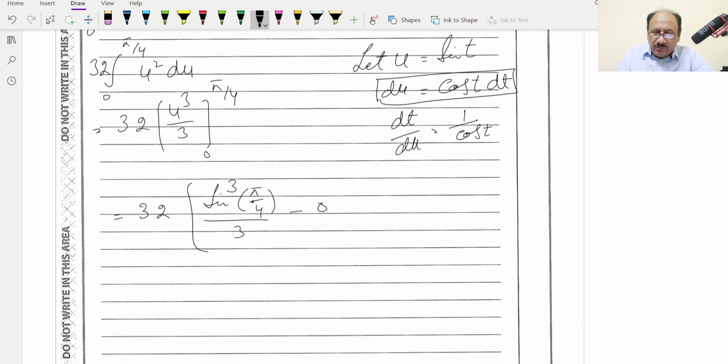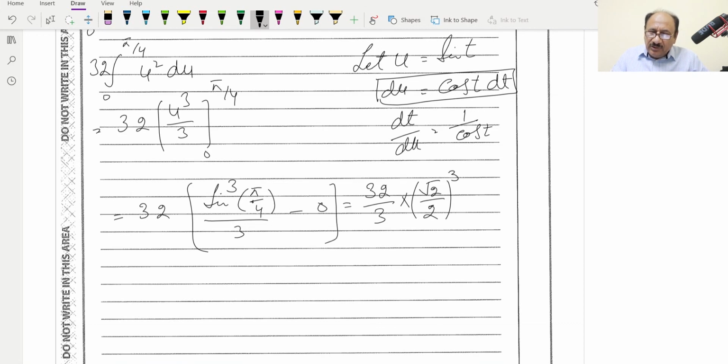This will be equal to 32 over 3 times sin cubed pi by 4. Sin pi by 4 is root 2 over 2, which we can find with the calculator, and it is taken as cubed.